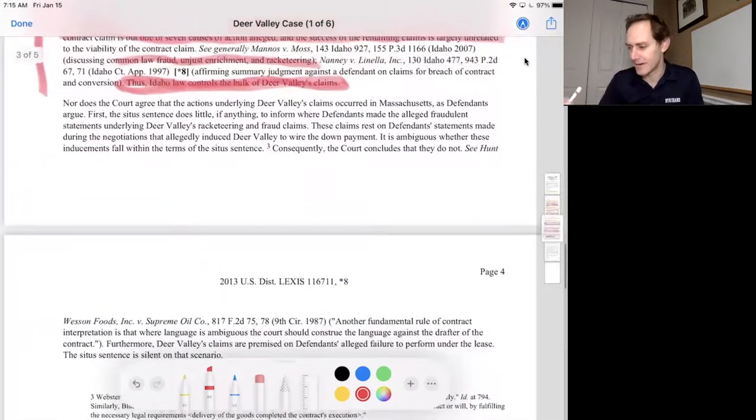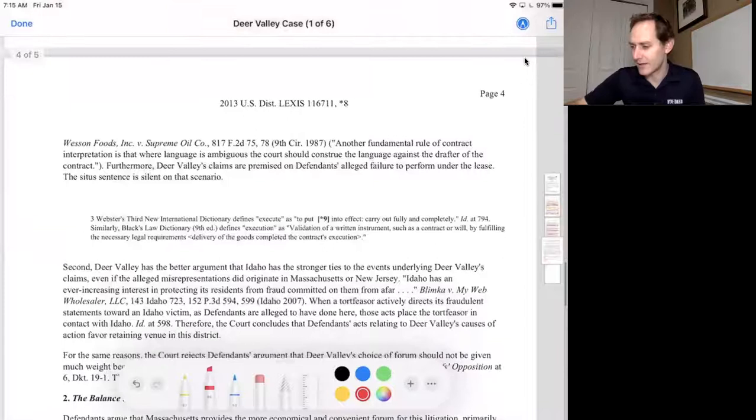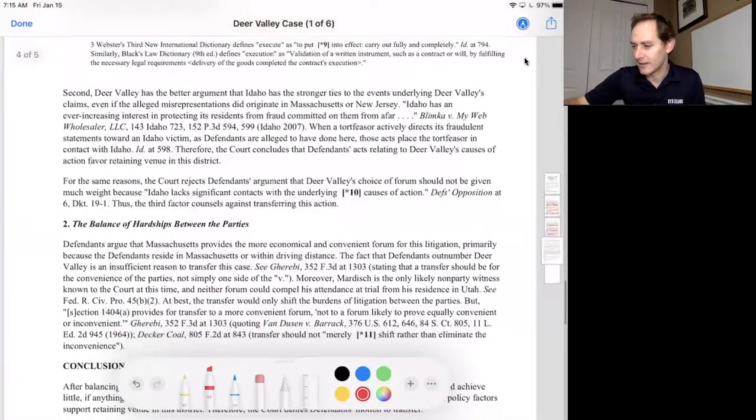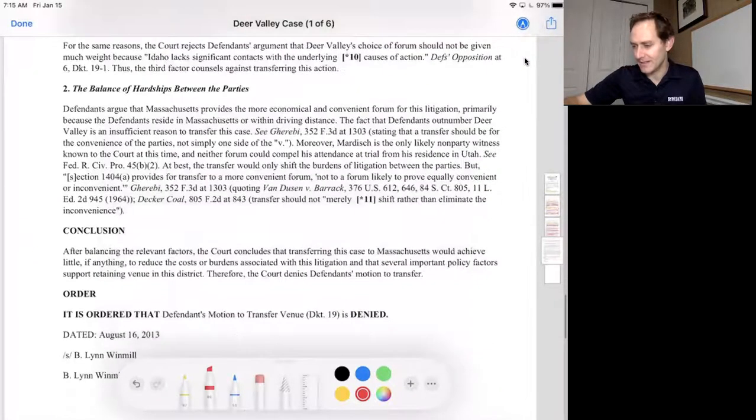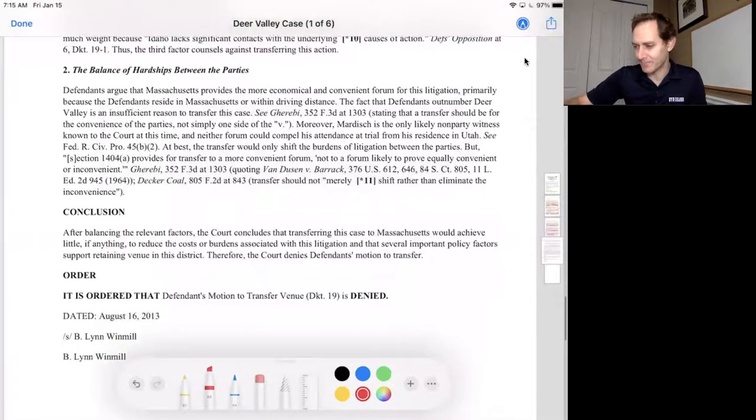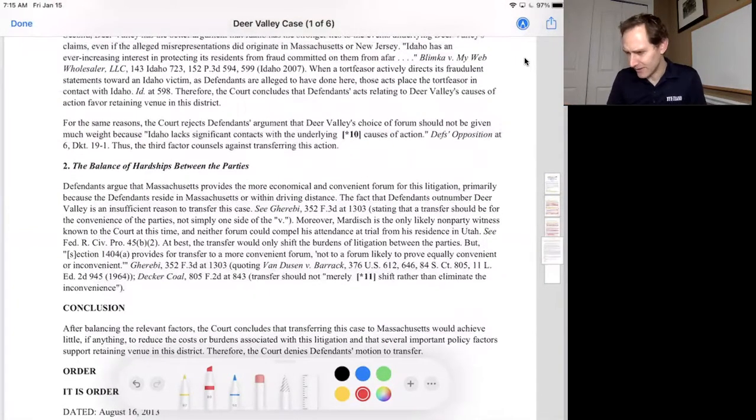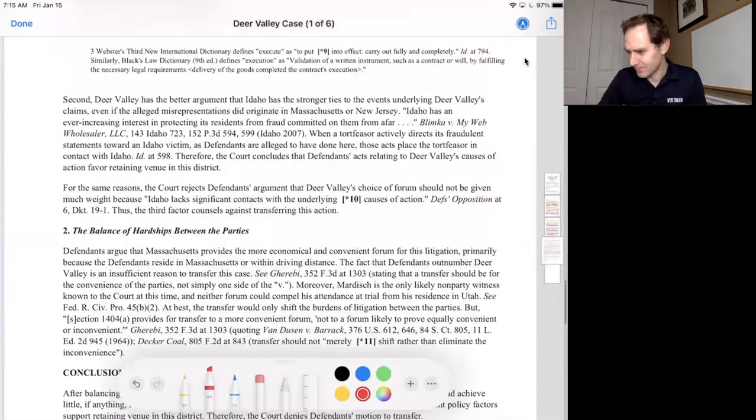Yeah, looking at kind of the rest of this, we can jump through it fairly quickly. It's just interesting, especially here. Idaho has the stronger ties to the underlying contract. That's probably true. A lot of it was negotiated over the phone, and Deer Valley was always located in Idaho.